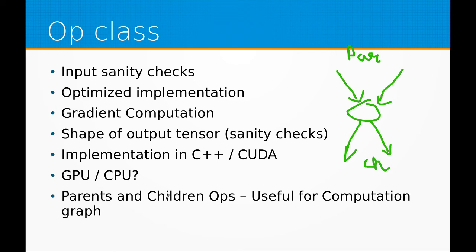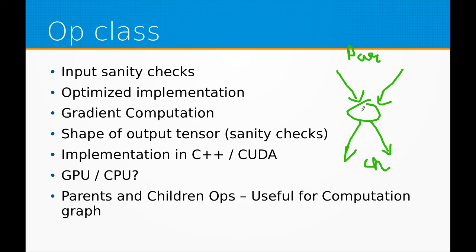So this op class should have references to the parents, like from where are you getting your inputs from, and also to its children, where are you sending your outputs to. So this helps in having the representation for a computational graph, and for back propagation and forward propagation as well.